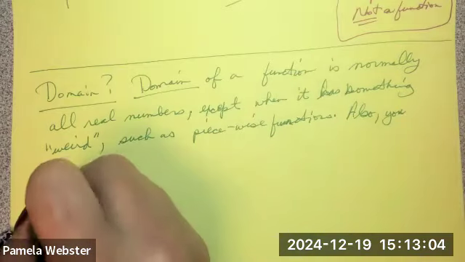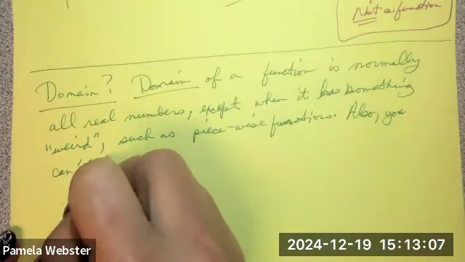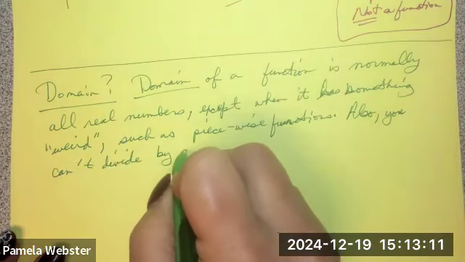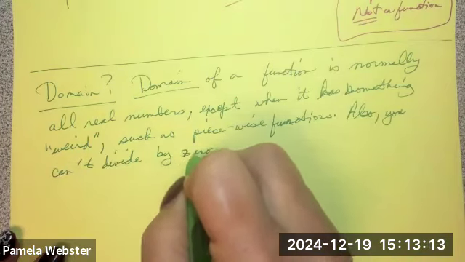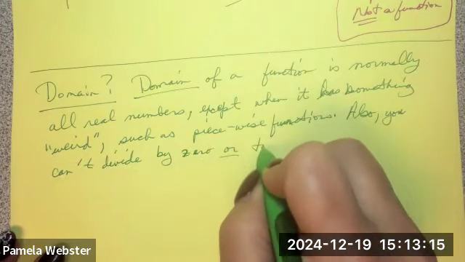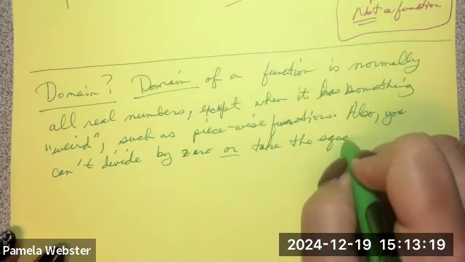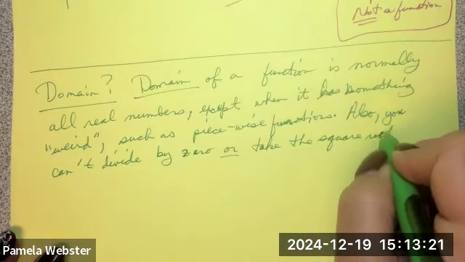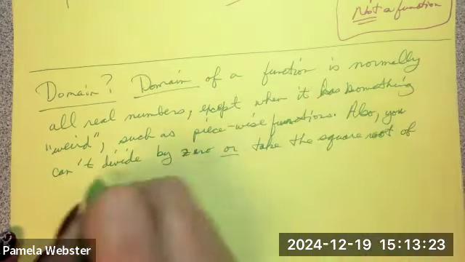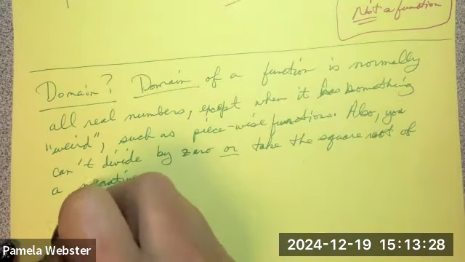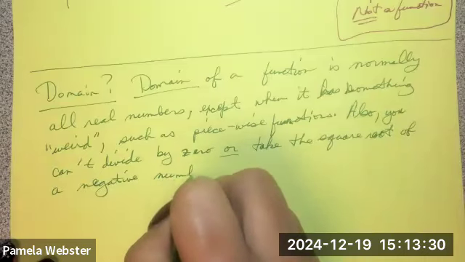Also, other weird stuff. You can't divide by 0. That's the one I mentioned earlier. Or take the square root of a negative number. We're going to talk about both of those.